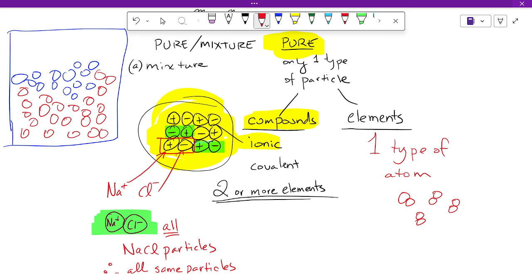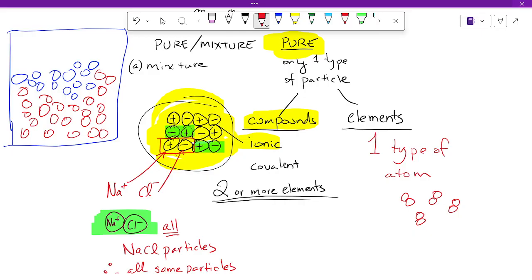I've drawn that one a little bit big. Sorry. Let's get rid of that one. Yeah. This is a diatomic element. Okay. So those are your pure substances.